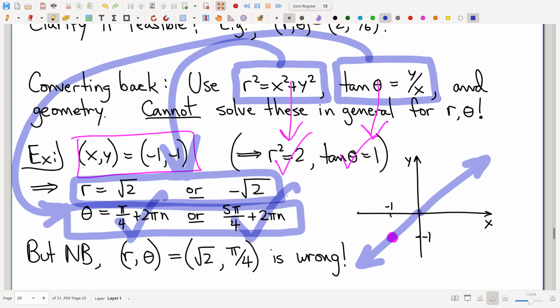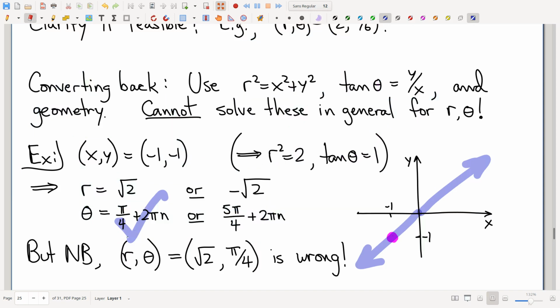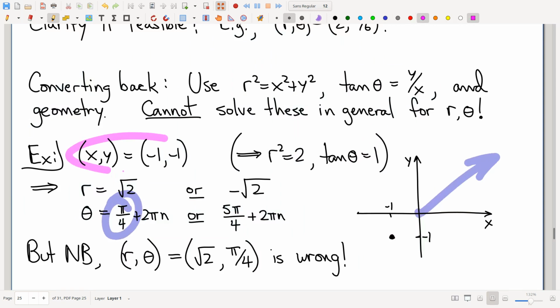Okay, so always think through the geometry, and let me clean up the huge mess real quick. For example, if I look at pi over 4, that suggests that way. Don't forget my point is here, and now I ask my geometric intuition, hey, is the point actually in that direction, or do I need to go backwards to get to this point?